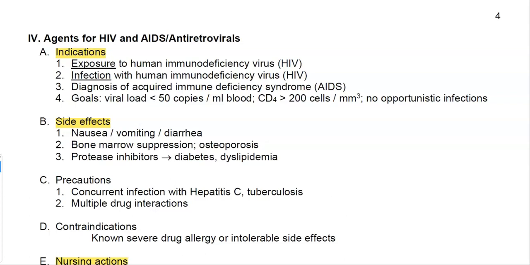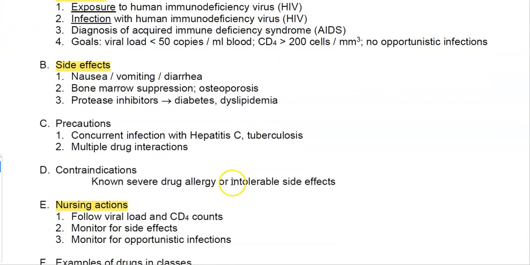Some precautions: be very careful if patients are also receiving medications for hepatitis C and tuberculosis, especially because of toxicity and interactions. These drugs can have multiple drug interactions, so please make sure you're checking your reference manuals. Contraindications, obviously, if there's a known allergy or intolerable side effects, then we shouldn't be giving it to the patient.